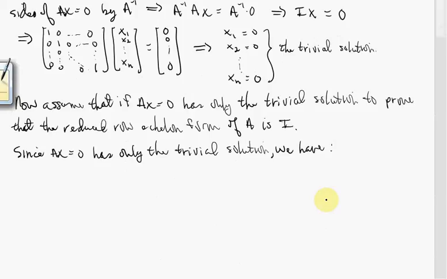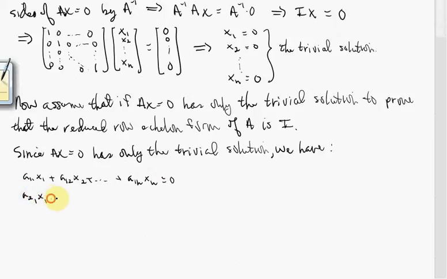Just write out AX equal to 0. So that is a11 times x sub 1 plus a12 times x sub 2 plus and so on plus a1n times x sub n is equal to 0.